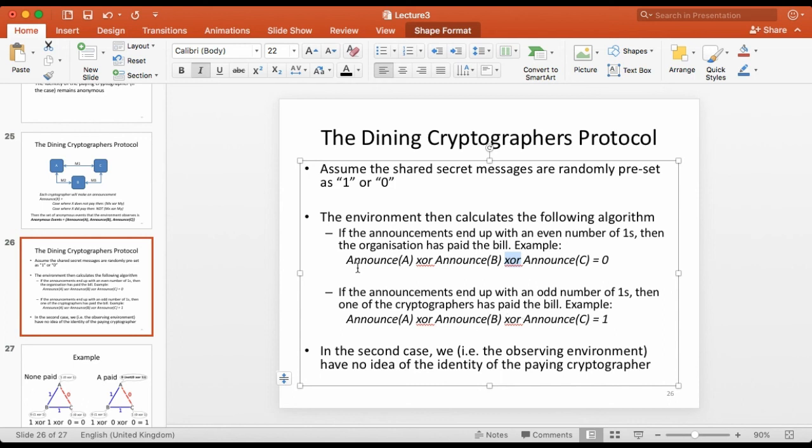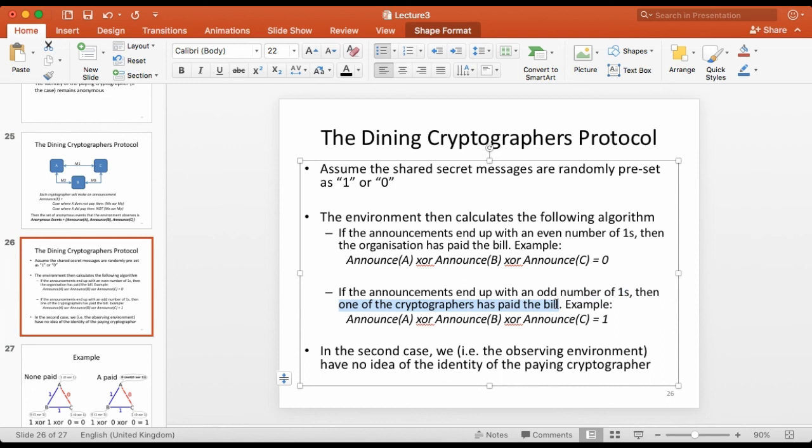Now, if the result of the XORing of the three announcements was an even number of ones, then that means that the organization has paid the bill. On the other hand, if the XORing was an odd number of ones, then that implies that one of the cryptographers paid the bill for the dinner.